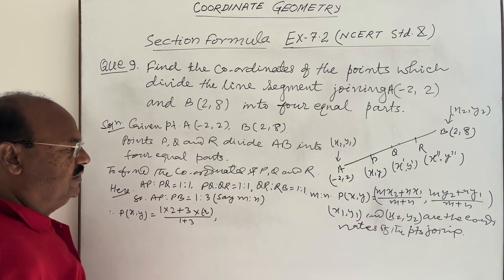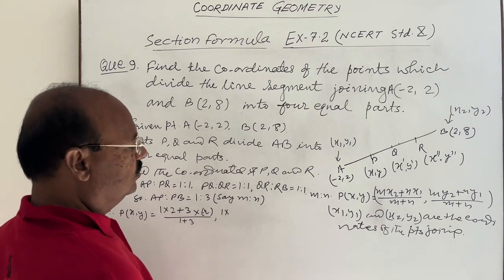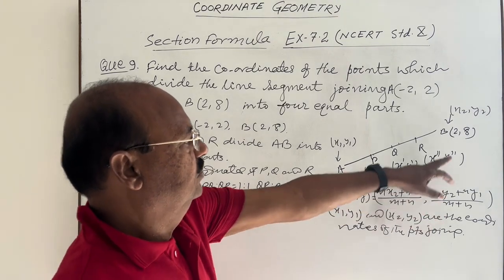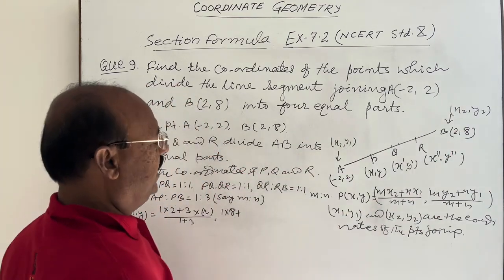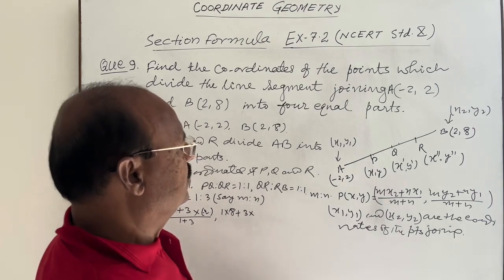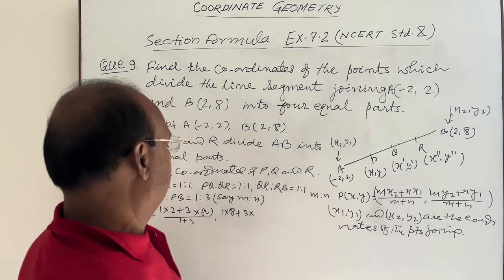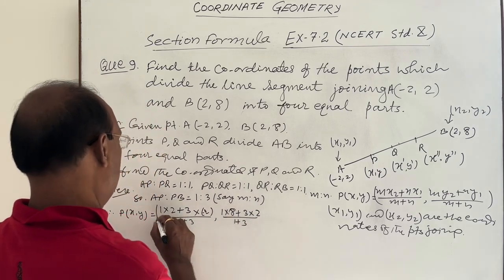This is the x coordinate. Similarly, the y coordinate will be m into y2, y2 is 8, plus n y1, n is 3 and y1 is 2, divided by m plus n, that is 1 plus 3.